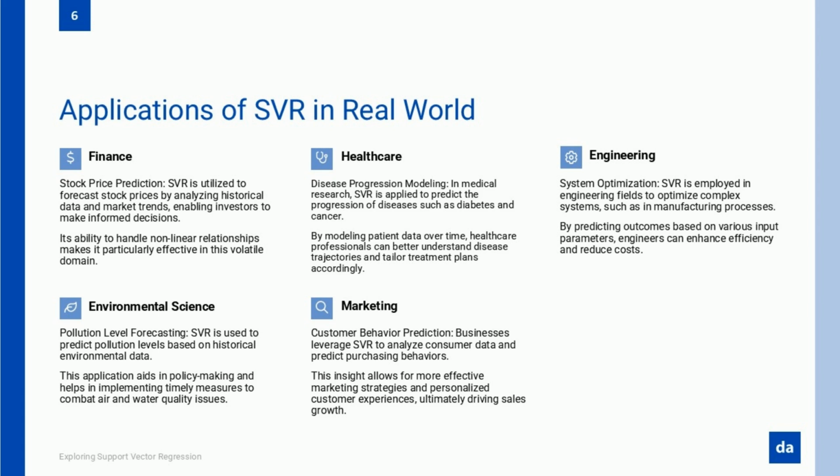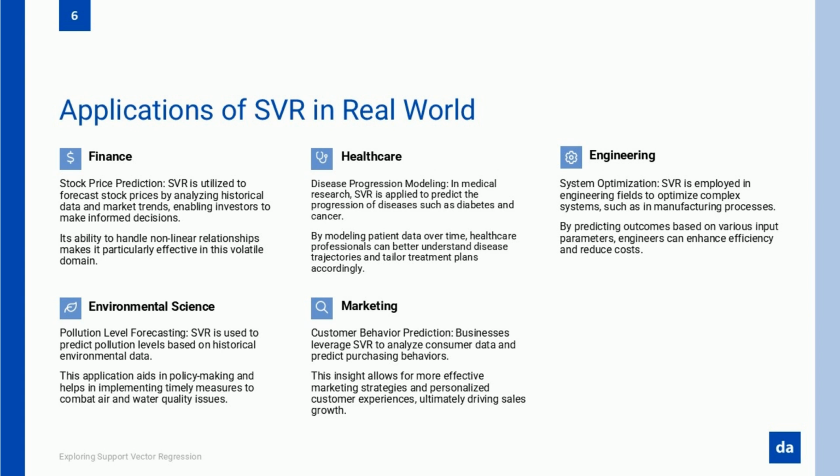Companies analyze past purchase history, browsing patterns, and customer interactions to forecast future buying trends. Retailers can use SVR to optimize pricing strategies, improve inventory management, and personalize marketing campaigns. By predicting what customers are likely to buy next, businesses can increase revenue and enhance customer satisfaction.